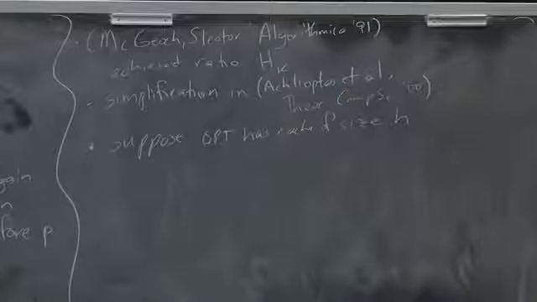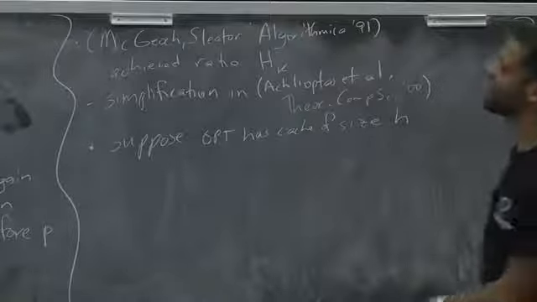Remember with LRU, I said LRU is k competitive, but I didn't prove it. If you have a cache of size k and opt has a cache of size h, then LRU is actually k over k minus h plus 1 competitive. Which means if opt has half the cache to work with, then you're 2 competitive.